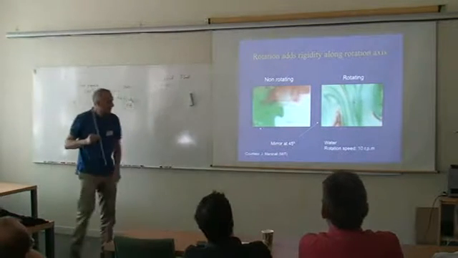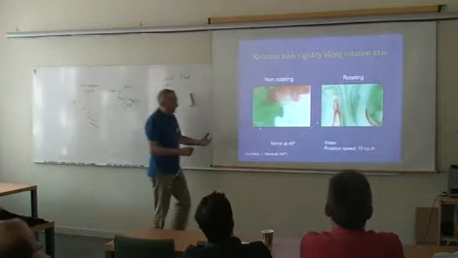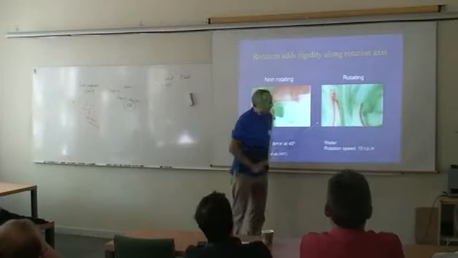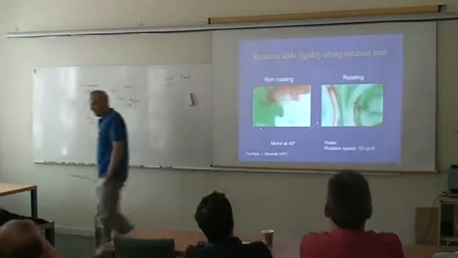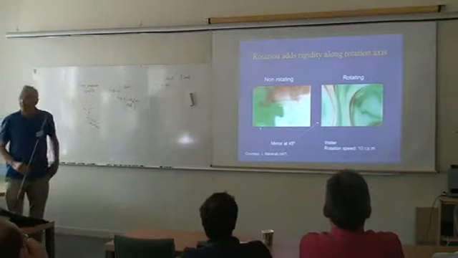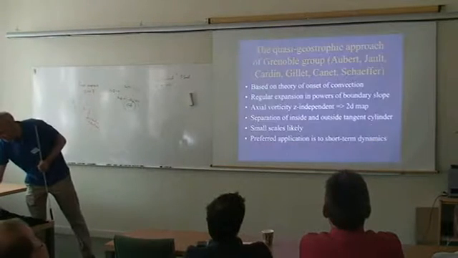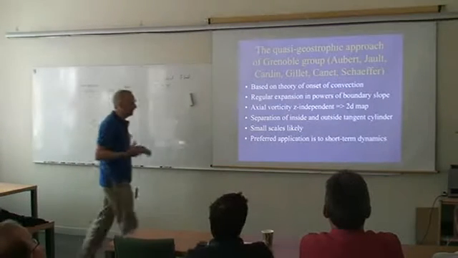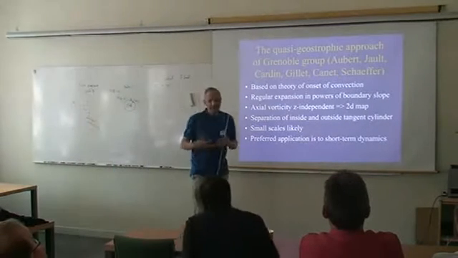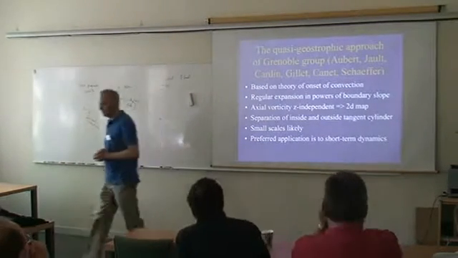Okay? So that was just to remind us how rotating fluids are much different from non-rotating fluids, and that's important when we think about how to set up the dynamics of the Earth's core.